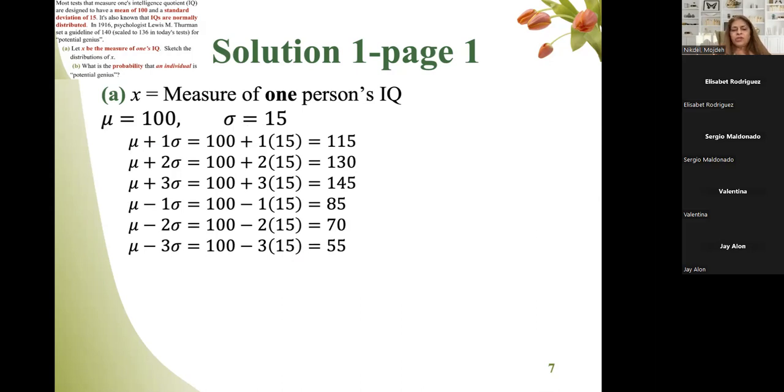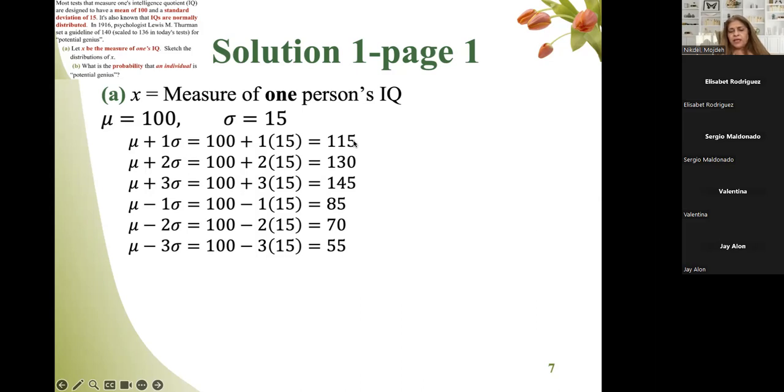To draw a bell-shaped curve, I'm going to go from the mu, which is the center on my curve, one standard deviation to the right. I get 100 plus 1 times 15, 115. Then from 115, I go another standard deviation to the right.